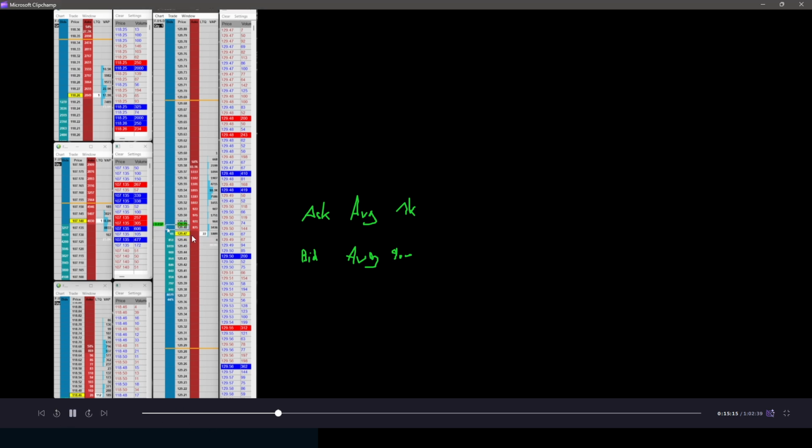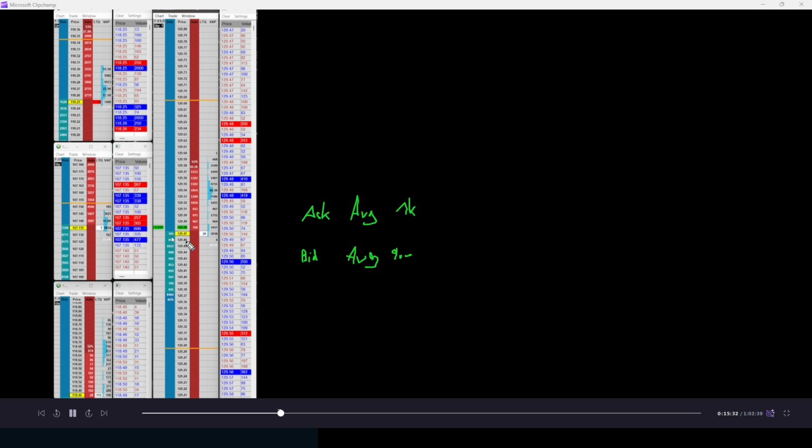Now you just want to exit the position, or at least take a small amount of profit, just because sellers are not looking quite strong right here.